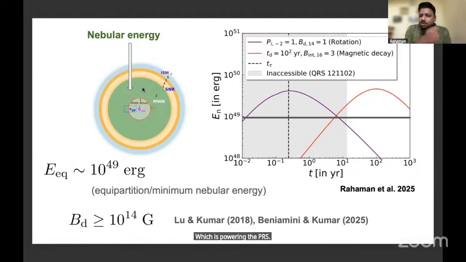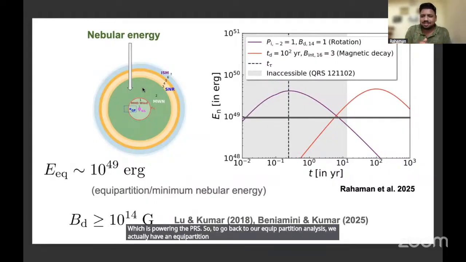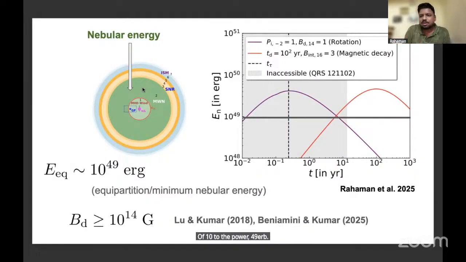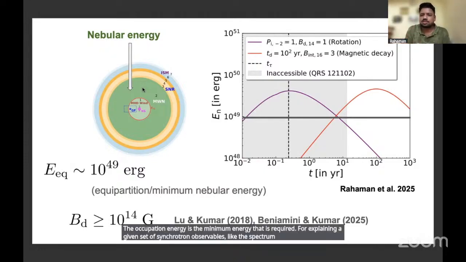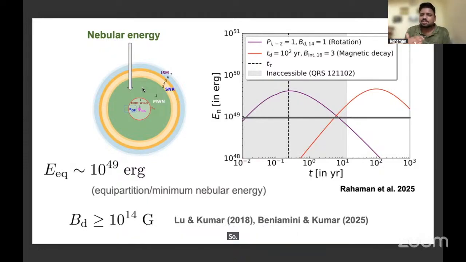So to go back to our equipartition analysis, we have an equipartition energy of 10^49 erg. Just to remind the audience, the equipartition energy is the minimum energy required for explaining a given set of synchrotron observables like the spectrum and the luminosity. So in principle, you need energy equal to 10^49 or larger.